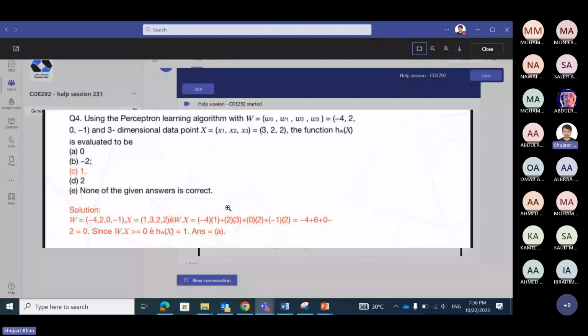Okay, can you see my pointer? I don't think so. Let me bring my mouse or something to show you that. Without pointer. Just a minute.